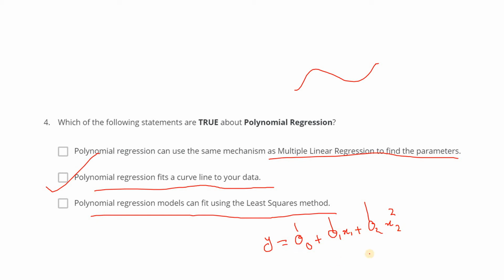Now this is nothing but multiple linear regression. How can this polynomial regression be converted to multiple linear regression? Very simple. Here theta naught is normal, plus theta 1 x1, and up to here the linearity term is followed. Now x2 is our input feature, but here x2 square is there. The input feature x2 will be squared.